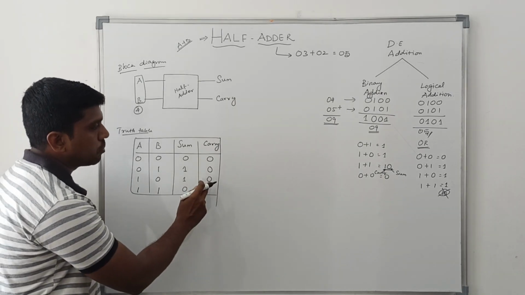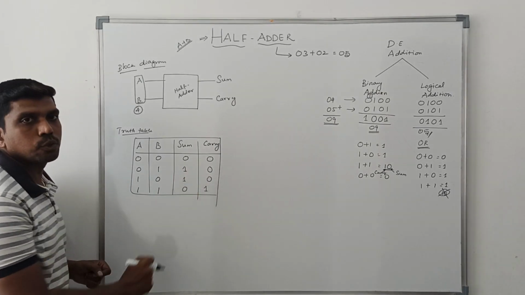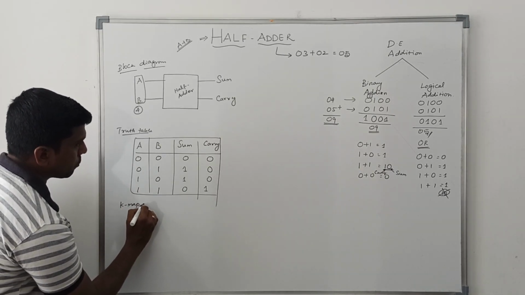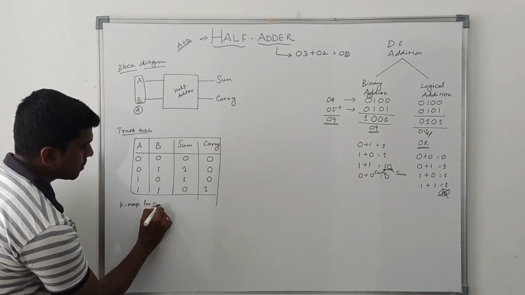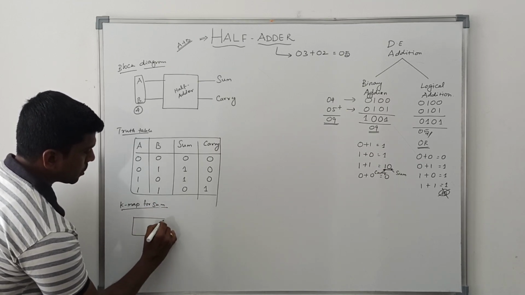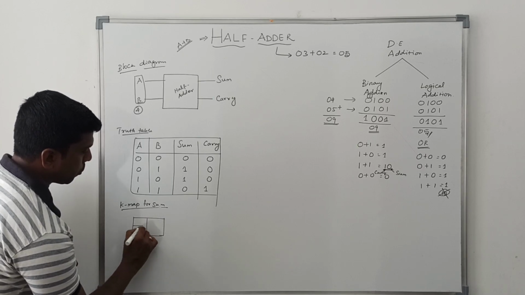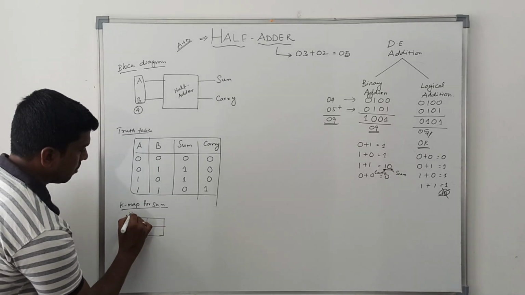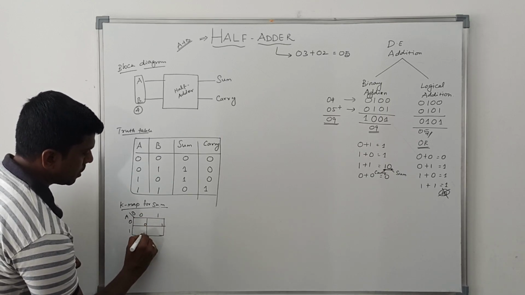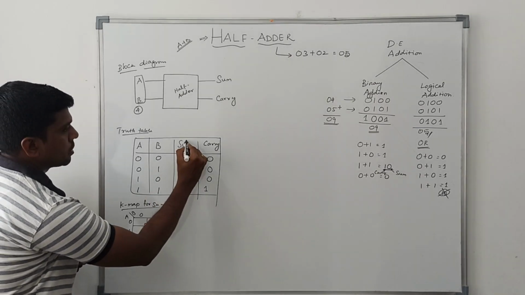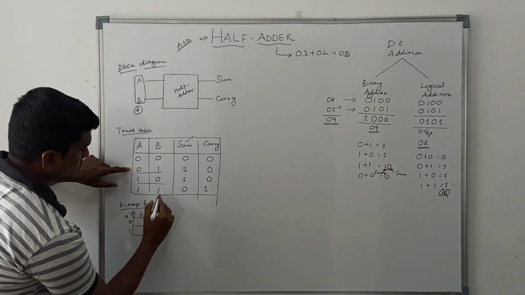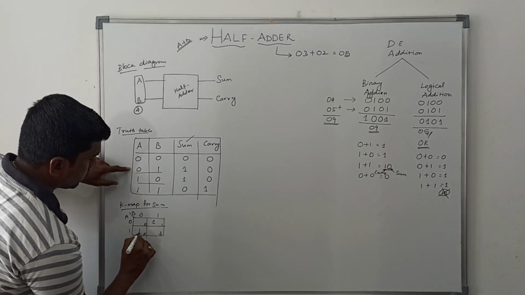Now I need to find the Boolean expressions for sum and carry using K-map. So I draw the K-map structure for sum. It's two variables, so it needs 4 cells: A, B, 0, 1, 0, 1, cells 0, 1, 2, 3. First I consider sum: cell numbers 1 and 2 are placed 1.